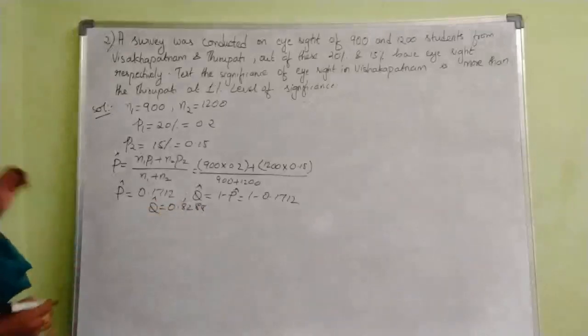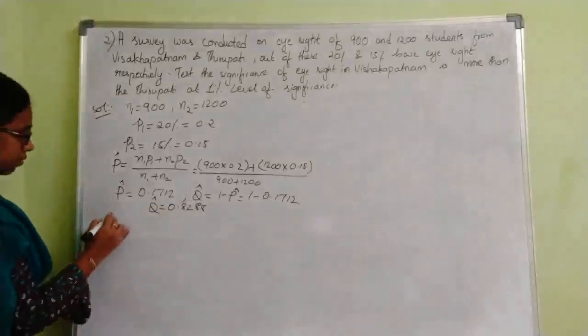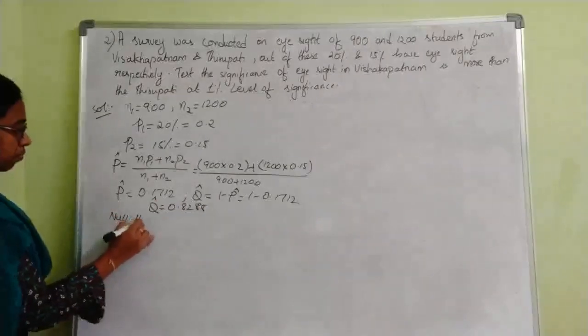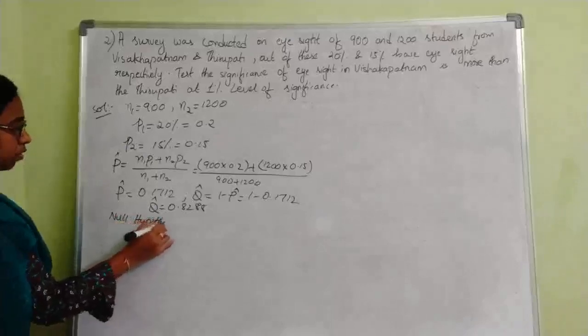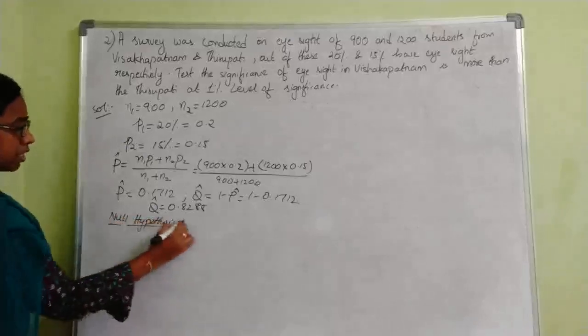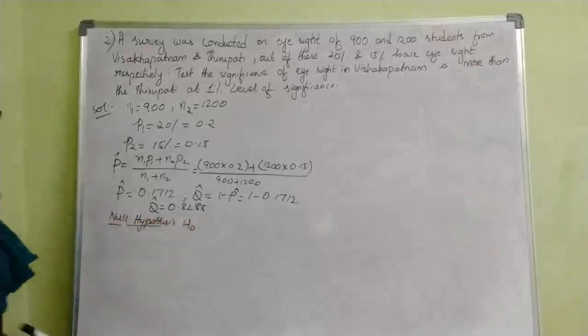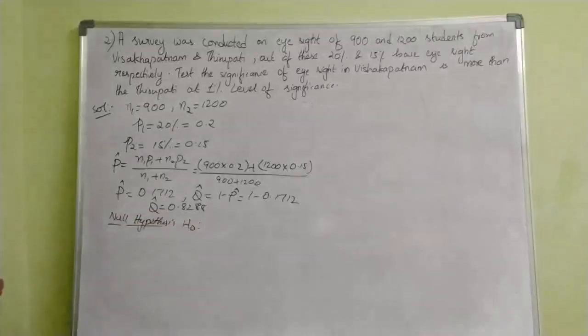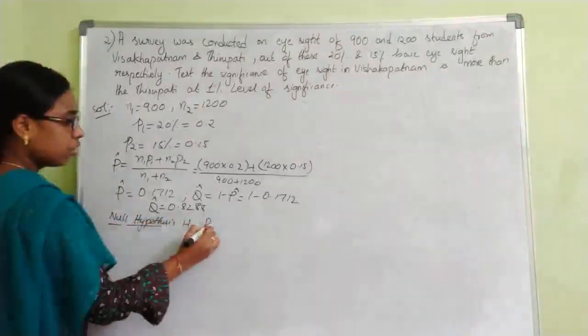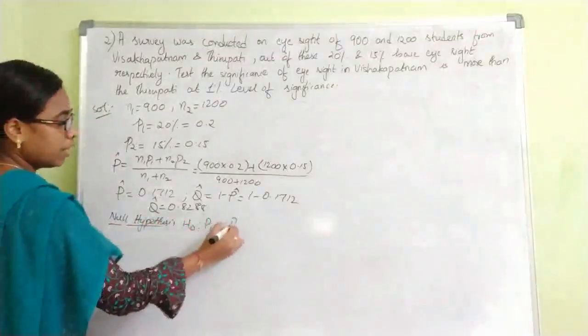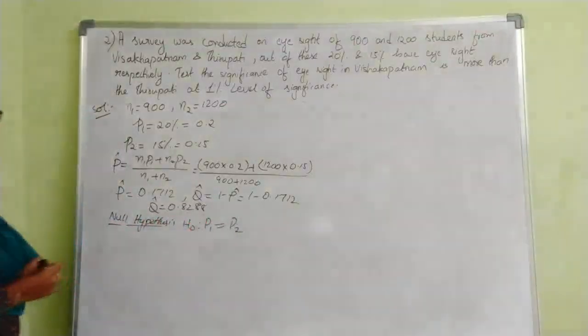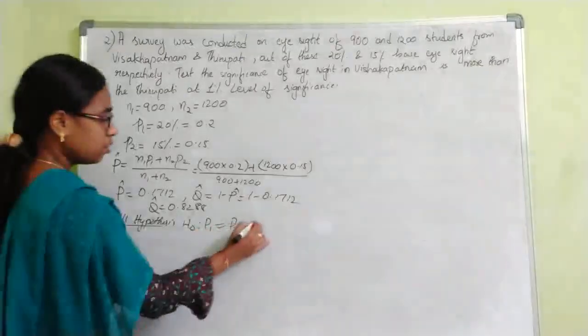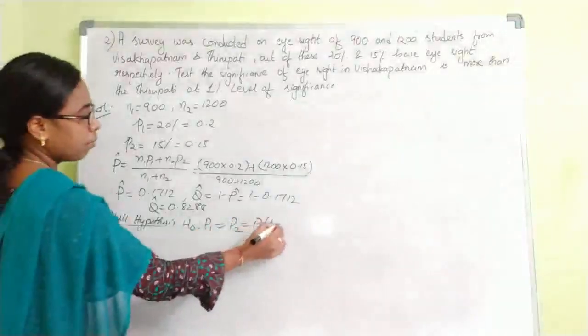So now define the null hypothesis. What is the null hypothesis? H0: here what they are asking is whether the eyesight is equal or not. So P1 equals P2, equals, suppose say, P.